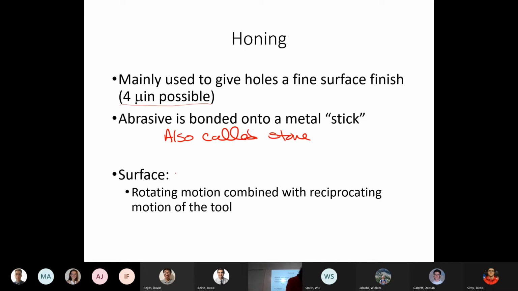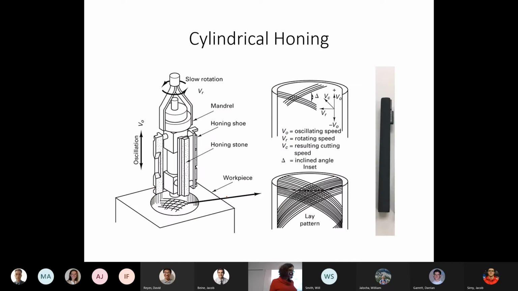Now, we get a very specific cross-hatched surface. And again, we might call this a lay. So honing gives us a very specific surface, and that's because we have these stones rotating and moving up and down, but we do get that cross-hatched appearance.